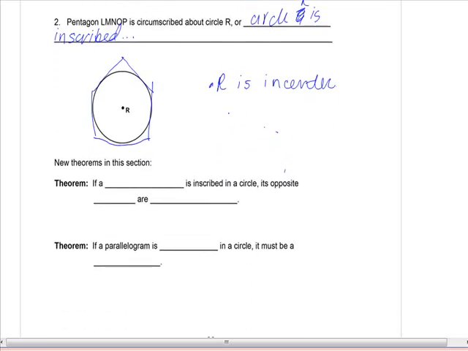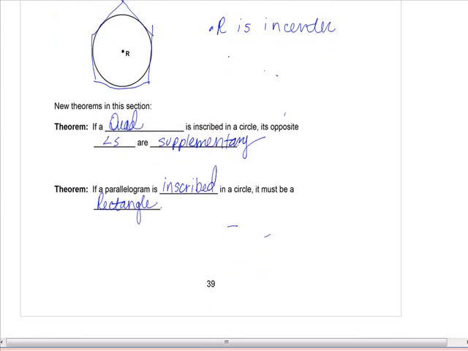If a quadrilateral is inscribed in a circle, then its opposite angles are supplementary. And the last one is that if a parallelogram is inscribed in a circle, it must be a rectangle. So those are the 2 theorems that you would use in a proof type situation.